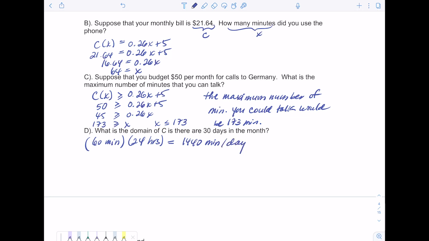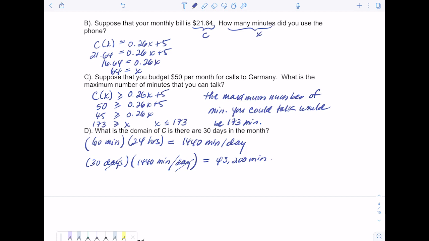And in this month that they're talking about, there's 30 days. So I'm going to take 30 days and multiply that by 1440 minutes per day. And the days will cancel out, and you'll be left with 30 times 1440 minutes. So that would give us 43,200 minutes.